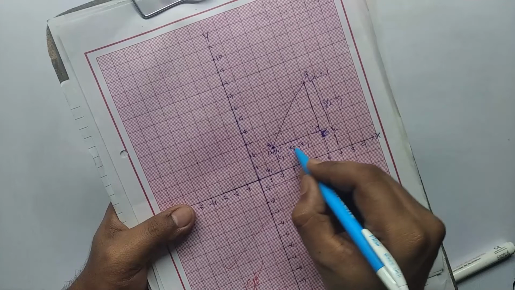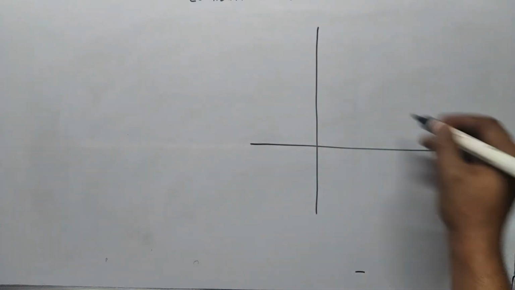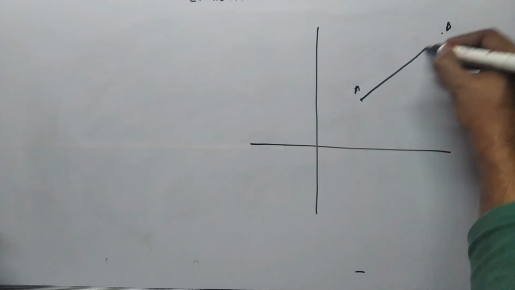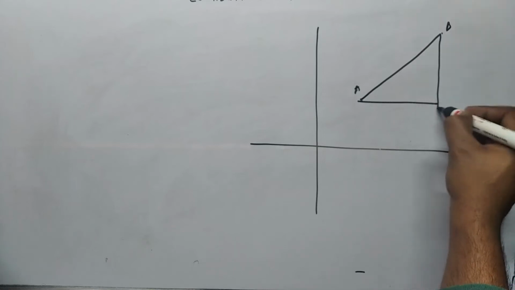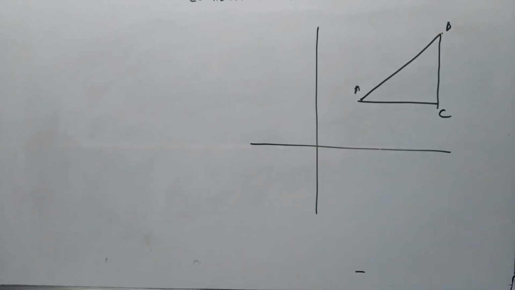So now you can write the whole square. Suppose I explain on the board: this is some point A, this is B, we know the distance, so we need to find AC and BC to find AB with the help of the Pythagoras theorem.